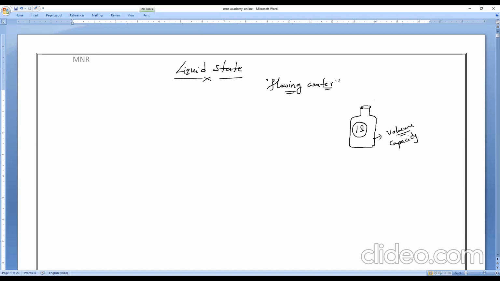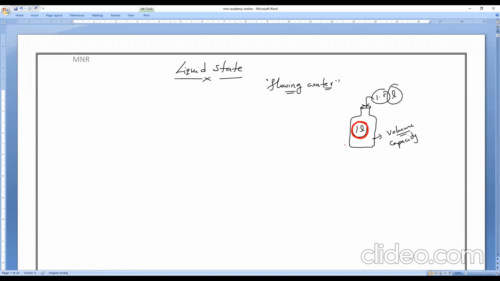Is it possible to fill 1.5 liters? Everybody? No. Understand? Because why? Like solids, liquids also have gaps between their particles. They have a little more space compared to solids. But you can see liquids are also almost incompressible, and the volume of a liquid always remains constant.